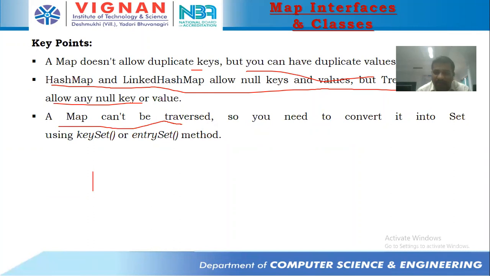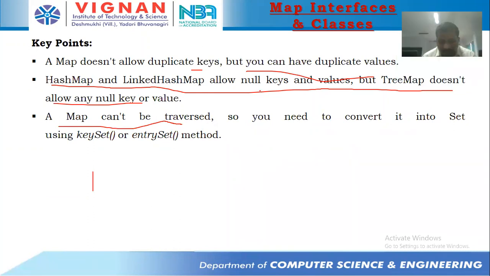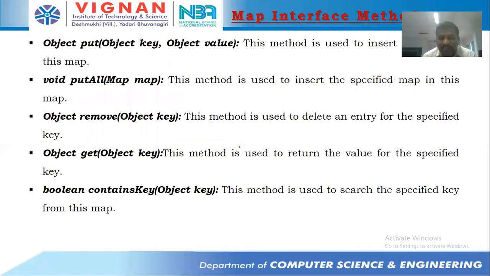A map cannot be traversed the way we do with an iterator or with linked list or array list. That cannot be done with a map. So we need to convert it into a set, using the keySet or entrySet method. There we used the add method in case of linked list, array list, deque and all, but here we'll use a method called put, and a method called remove, which deletes an entry for the specified key.